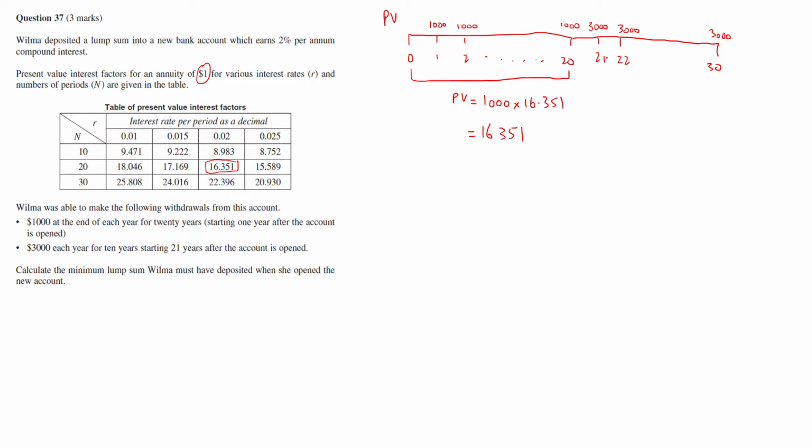Now the challenge is around this part. What we need to calculate is the present value, but what we need is not at this point. What we need is at this point.